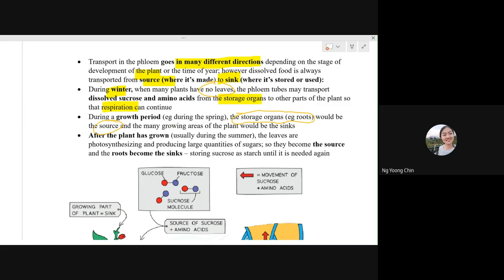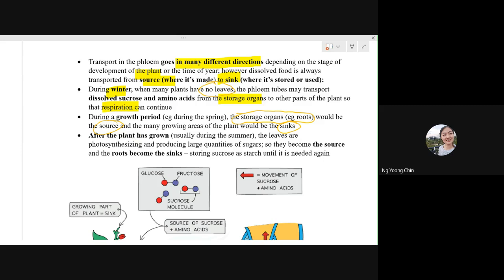The source and the many growing areas of the plant will now become the sink. The roots will become the source, providing nutrients to the other growing areas of the plant, for example the stem part, which will grow into another new shoot.